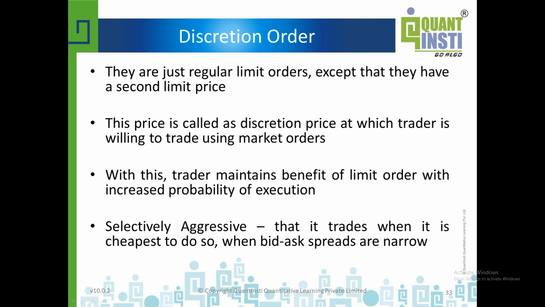How can a post only order guarantee that the other party will not hit his order? A post only order will enter the order book if it is not immediately executed.